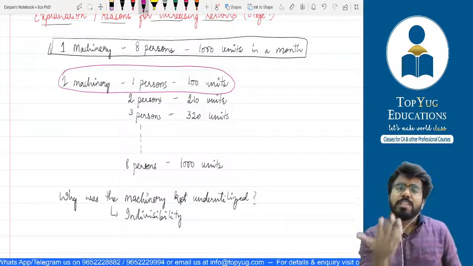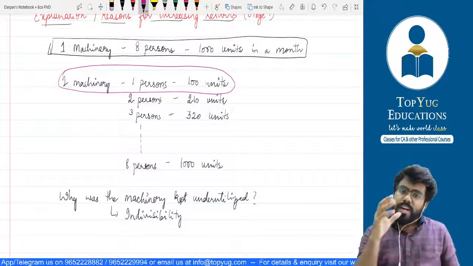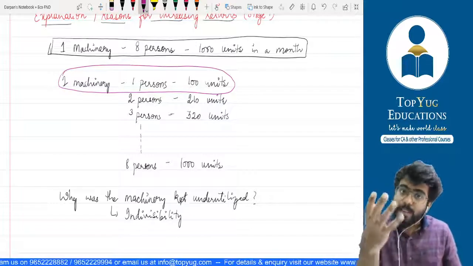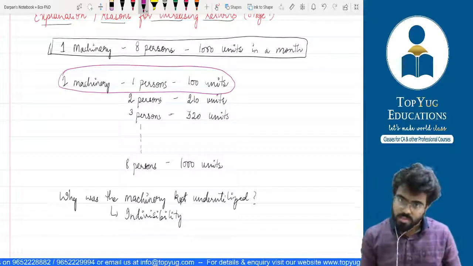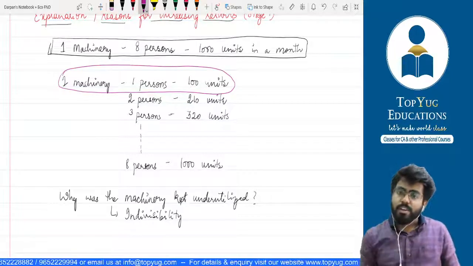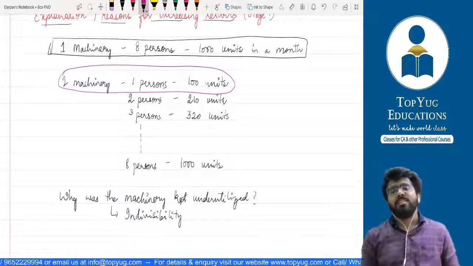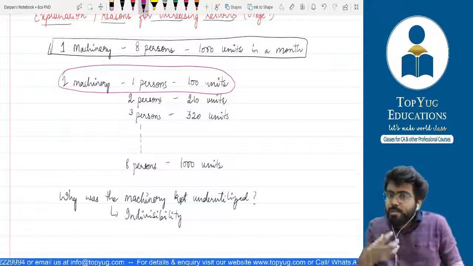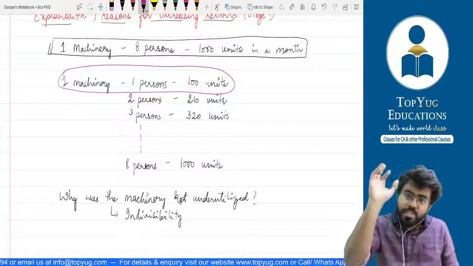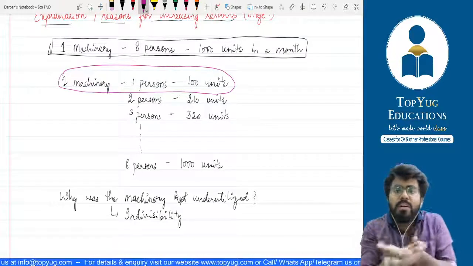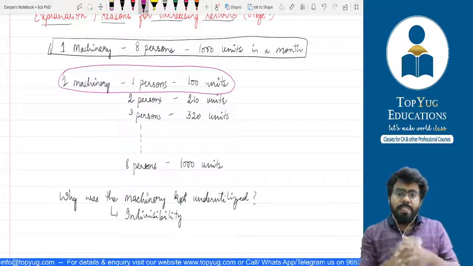No, machineries are indivisible. That machinery which we took as an example has the capacity of producing 1,000 units. If I want to produce 100 units also, I will have to purchase the entire machinery. I cannot produce just a part of it. Now, since I'm purchasing the entire machinery, obviously it will be underutilized in the start, right?